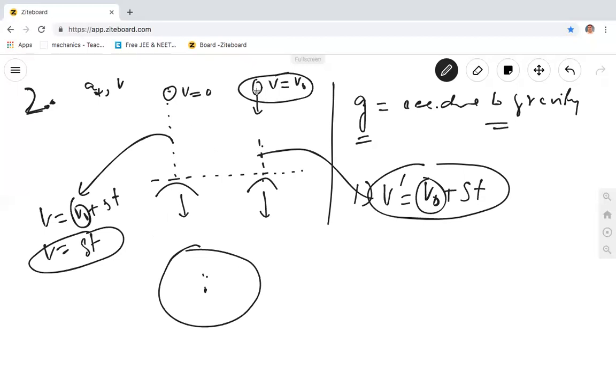But he has started with some initial velocity. He has already something in his pocket. So whatever he gets in addition will be added to what he has already in his pocket. And the other has only something in addition and nothing in the pocket to start with. Am I right? Okay.